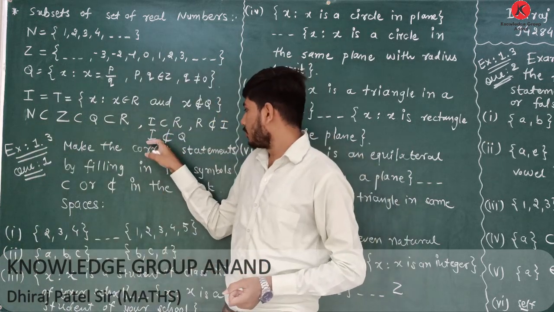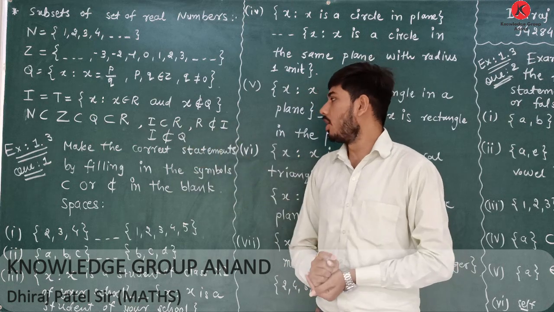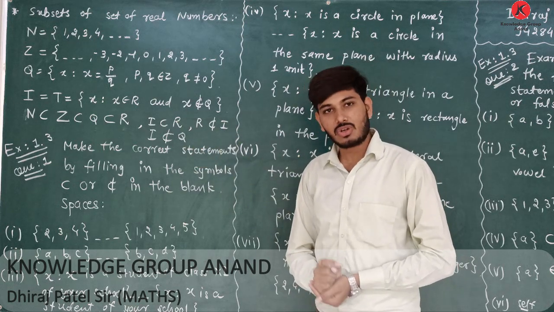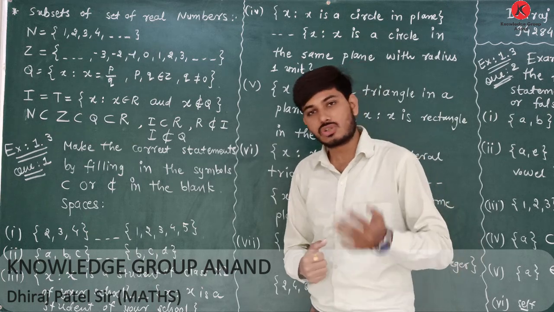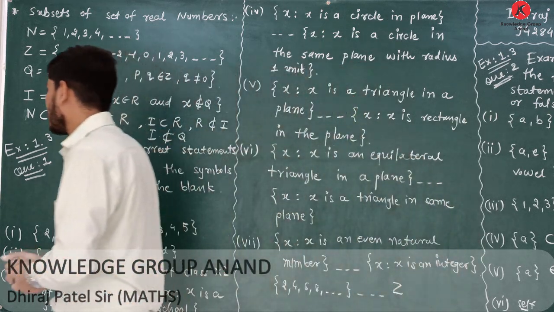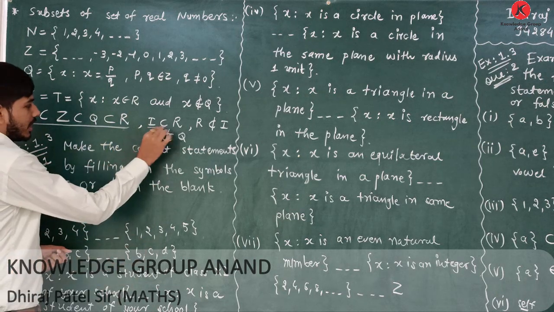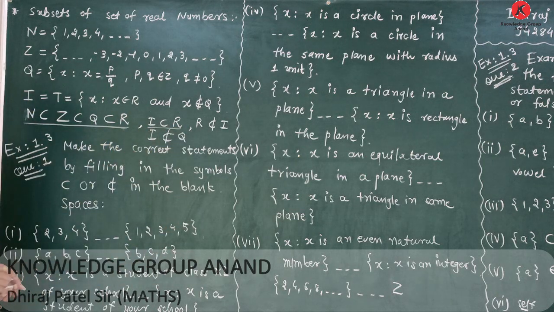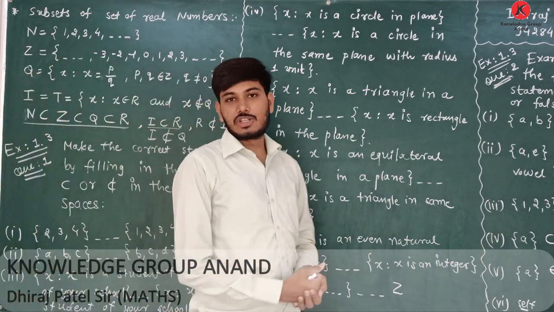And I, the set of irrational numbers, is also a subset of real numbers. The set of irrational numbers I is also a subset of real numbers R. And an important fact here is that R is not a subset of any set.